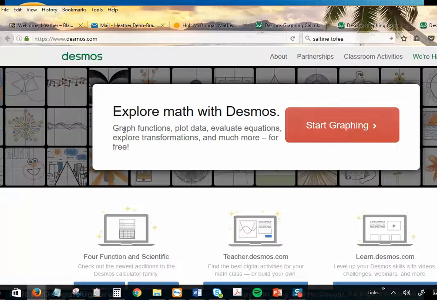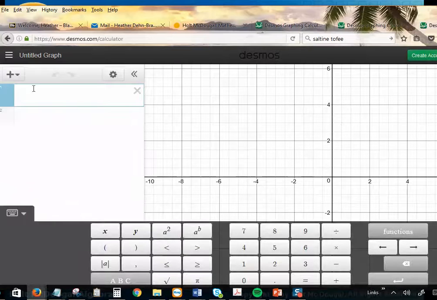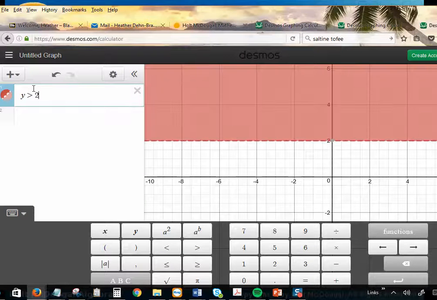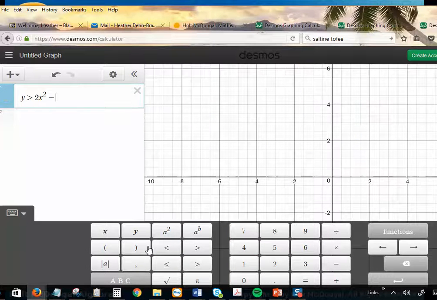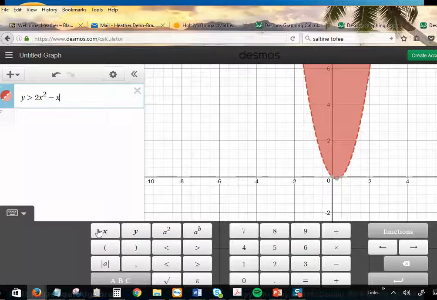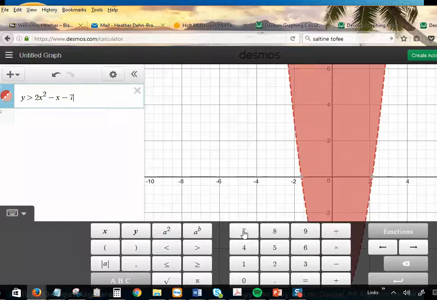Okay, so this time I am going to graph y is greater than 2x squared minus x and then minus 7. So this time it's a dashed line, and we shaded above because it's greater than.